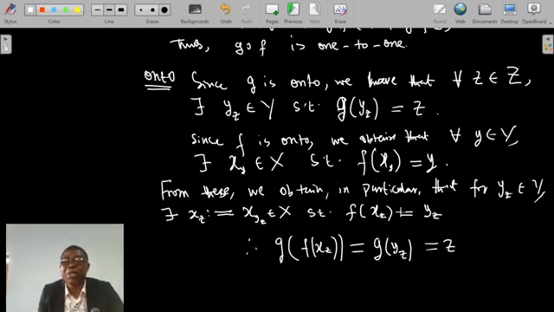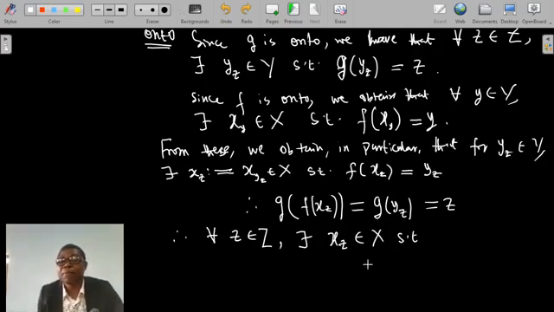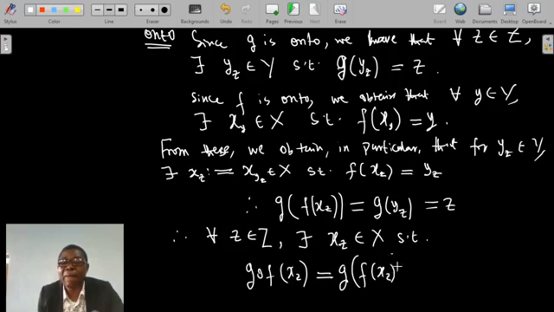So what we can conclude from here is that for any z we pick in the set Z, there exists xz in X such that g composed by f of xz is equal to g of f of xz, and this is equal to g of yz, which is equal to z.